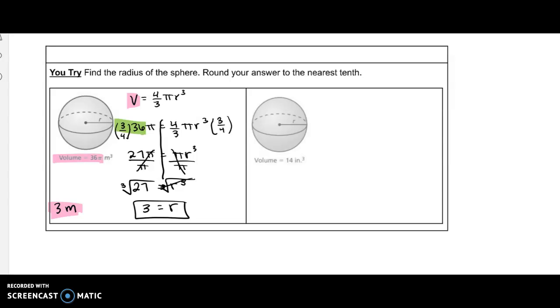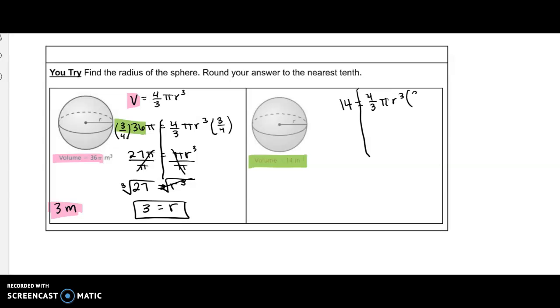Over here we have our volume. So volume is 14. This time they did not leave it in terms of pi for us. So we are going to plug in 14 for our volume equals 4/3 times pi times your radius cubed. Draw our line.